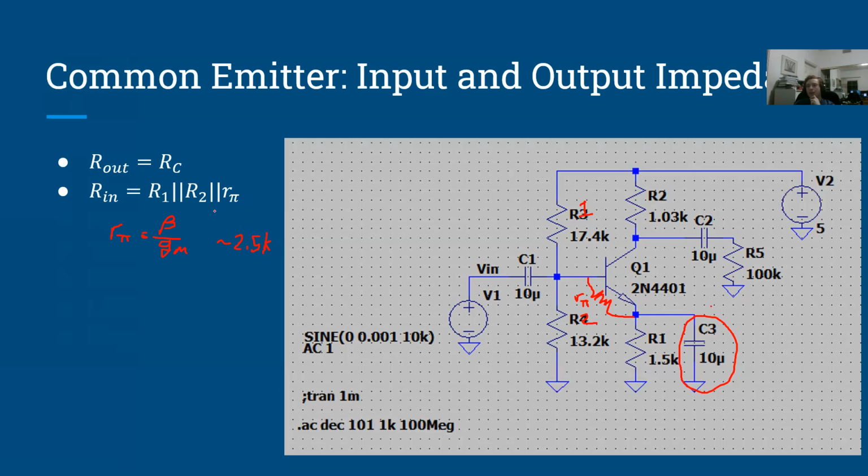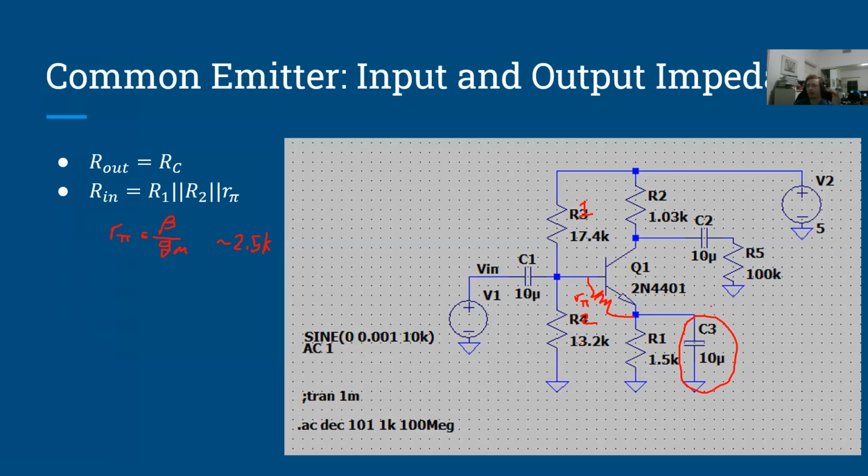So when choosing R1 and R2, we want to choose them such that they don't lower the overall Rin by too much, which is to say we want R1 and R2 to be much larger than 2.5 kiloohms. That's what I did here, where I chose 17.4 and 13.2 kiloohms, which are maybe 5 times or so bigger than the 2.5 kiloohms.